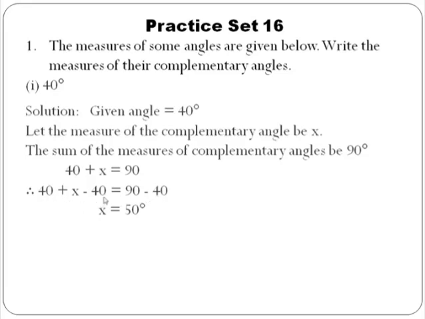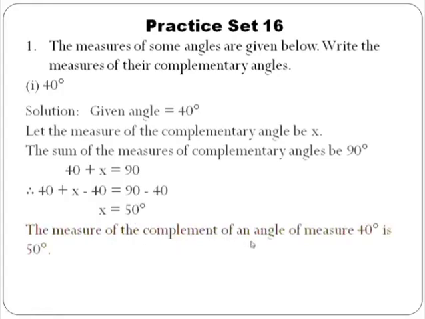Here 40 will get cancelled with 40, only x is left on the left hand side, and on the right hand side, on subtracting 40 from 90 you will get 50. That is, the measure of the complement of an angle of measure 40 degrees is 50 degrees. You will see 40 plus 50 is 90.